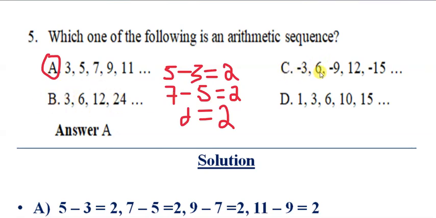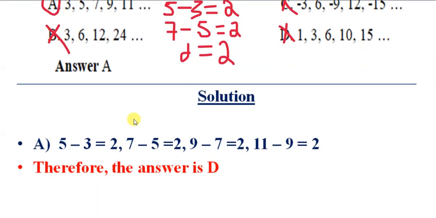In C, 6 minus (minus 3) gives us 9, and minus 9 minus 6 gives us minus 15, so the differences are not the same. Also in D, 3 minus 1 is 2, and 6 minus 3 is 3, and 2 is not equal to 3, so this is also rejected. The three of them are rejected. They are not arithmetic sequences.